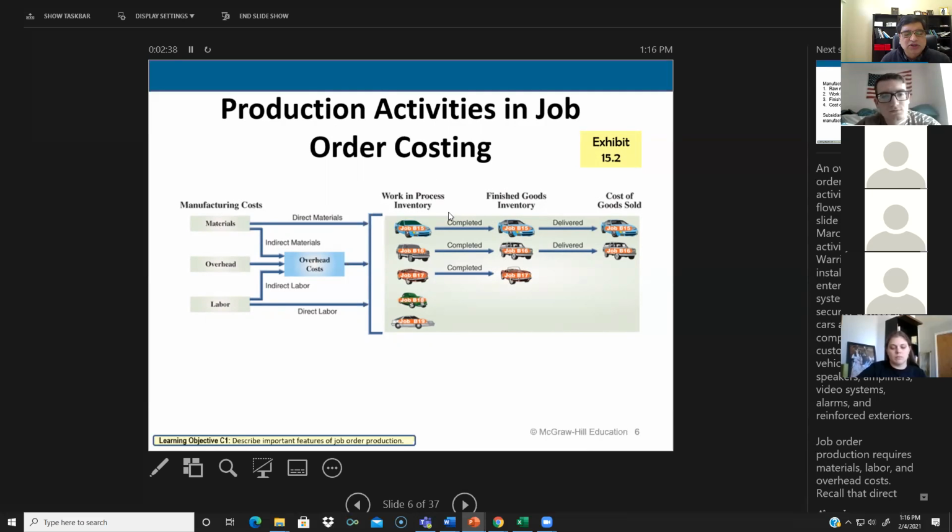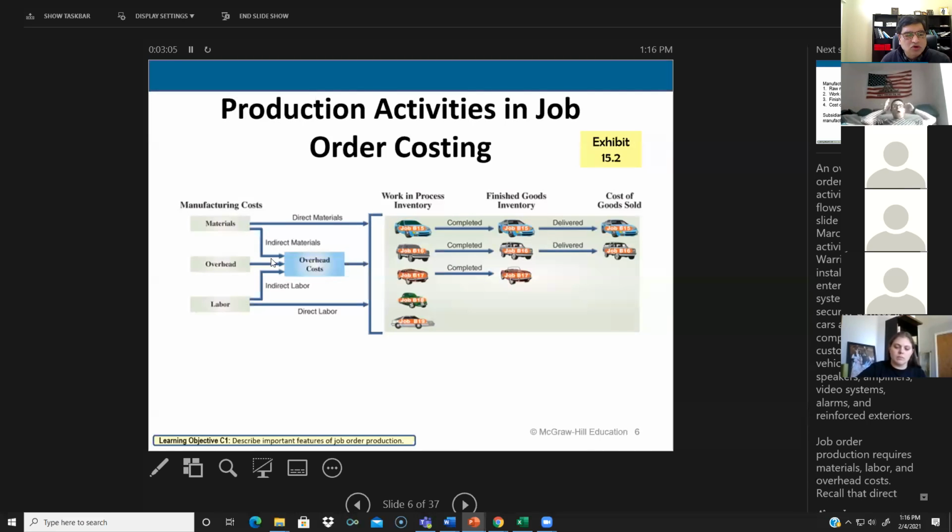You accumulate this cost in what we call a work in process account because it is not completed yet. So direct materials are charged directly to work in process. Imagine it's a T account: raw materials is credited and work in process is debited.